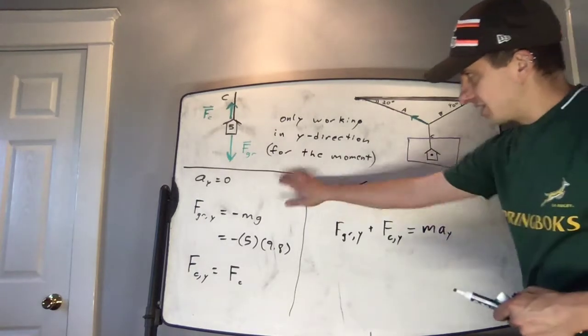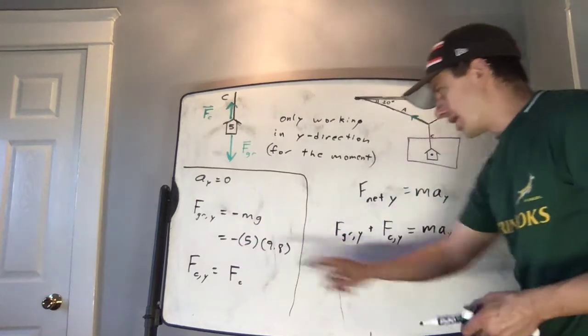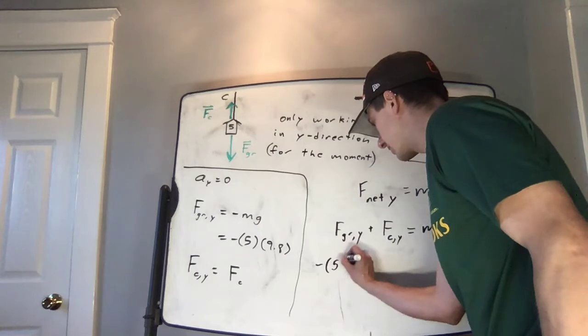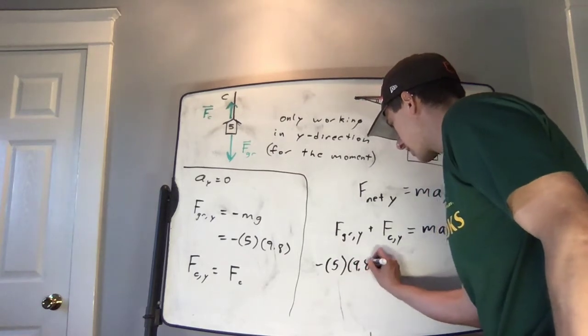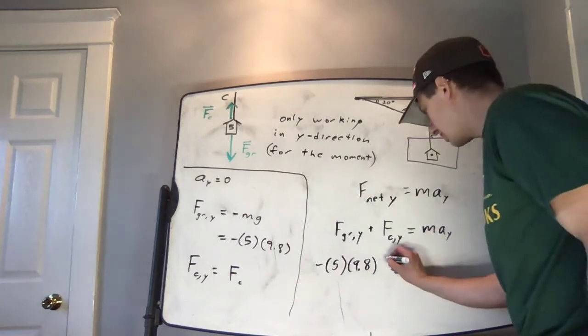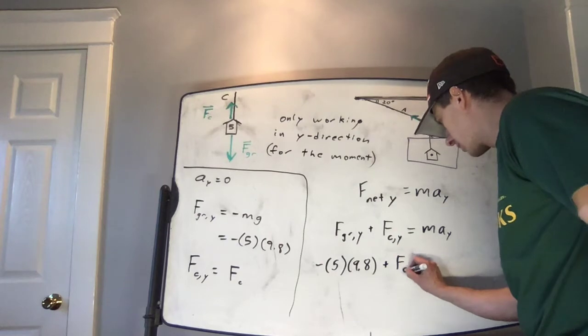So I look at the table of everything I wrote down. Force of gravity in the Y direction is negative 5 times 9.8. Force of tension in rope C in the Y direction is FC.